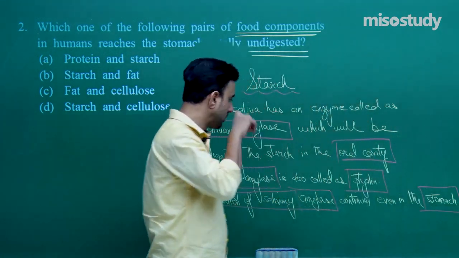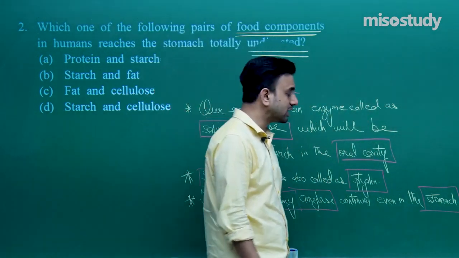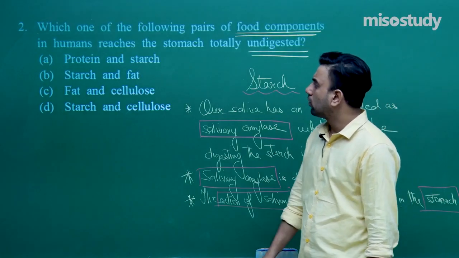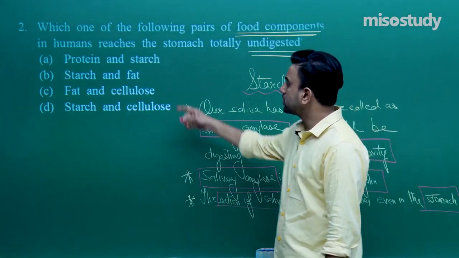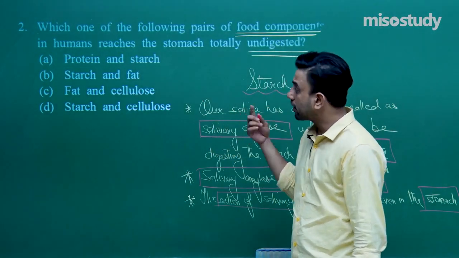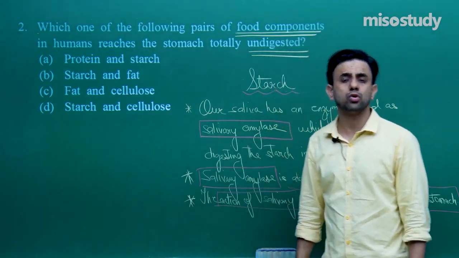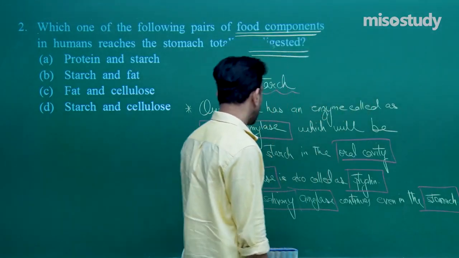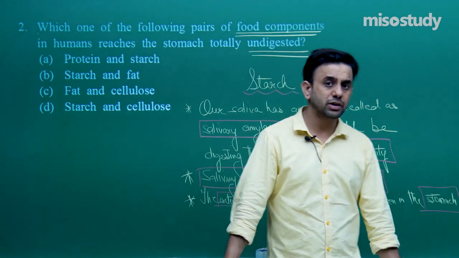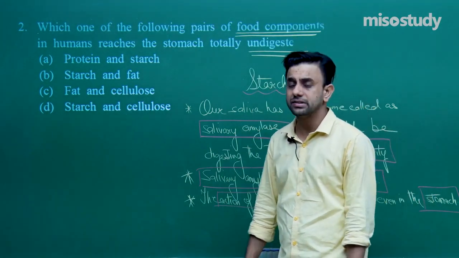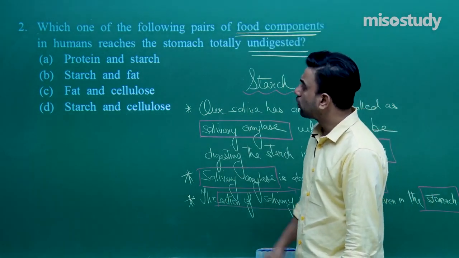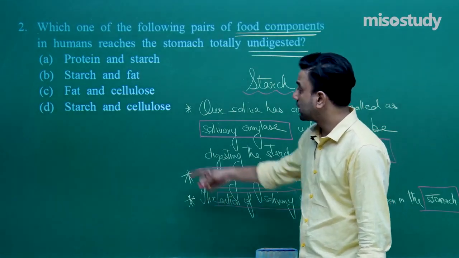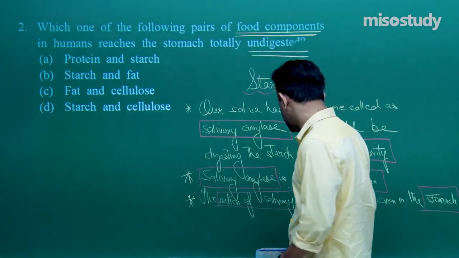So one thing is for sure: the starch has already started digesting in the oral cavity, the buccopharyngeal cavity, and hence starch cannot be the component. What about the cellulose?